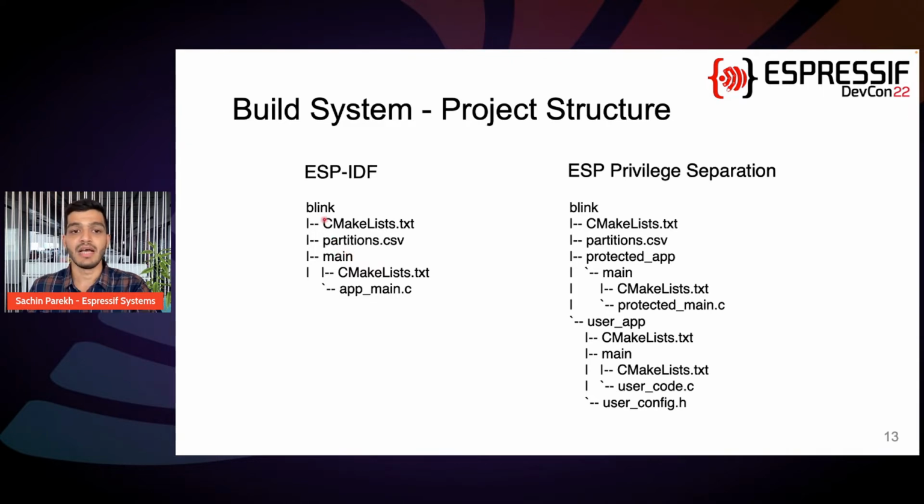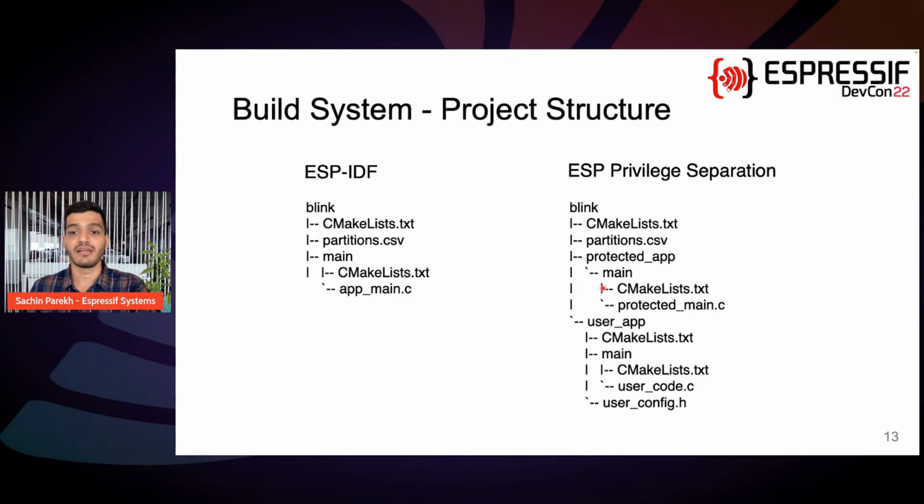Now let's see how this same Blink project is structured in the ESP Privilege Separation. It has a similar top level CMakeLists and the partition.csv file, and it has two different application folders, protected_app and user_app. Now the protected_app consists of its own main folder where the protected application resides.